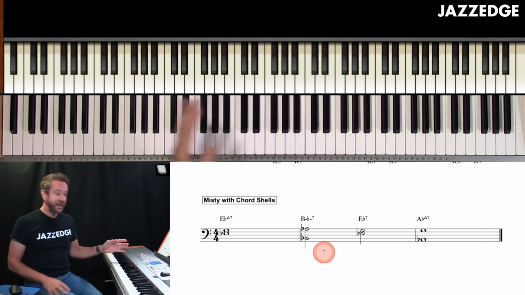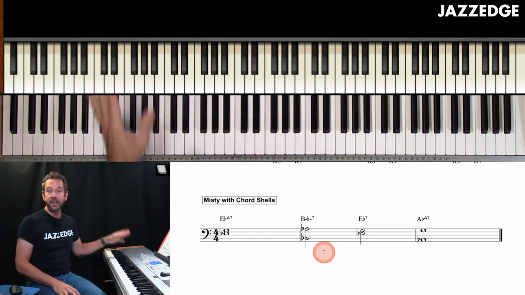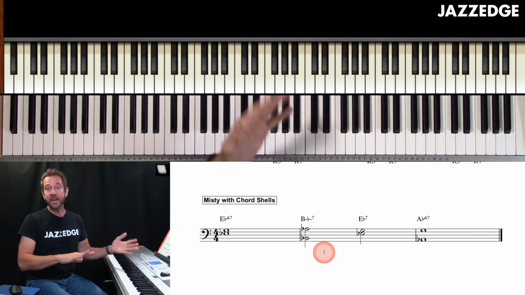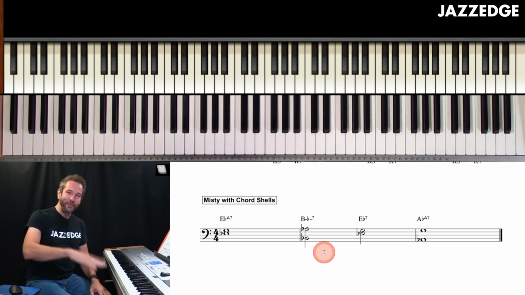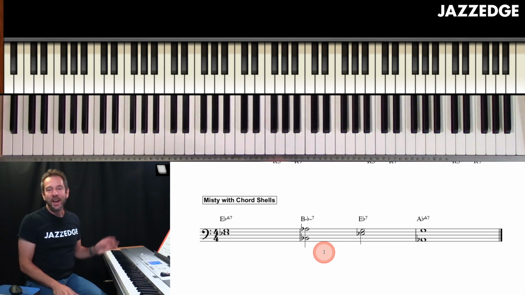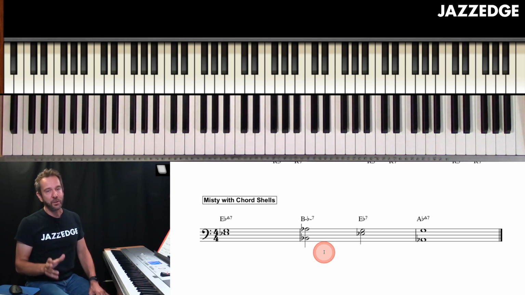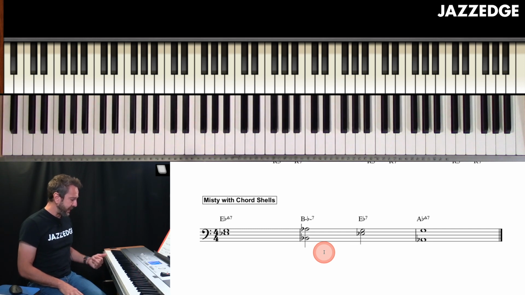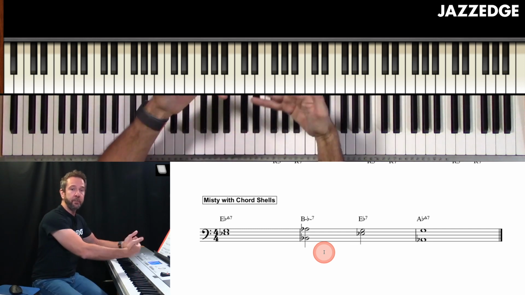So there is an example of how I could take the chord shells and rather than playing both notes all at once, I could break them up as a bass line. Don't worry, we're going to cover all of that stuff. I'm just trying to show you how versatile these chord shells are and make the case for why you really got to learn these.